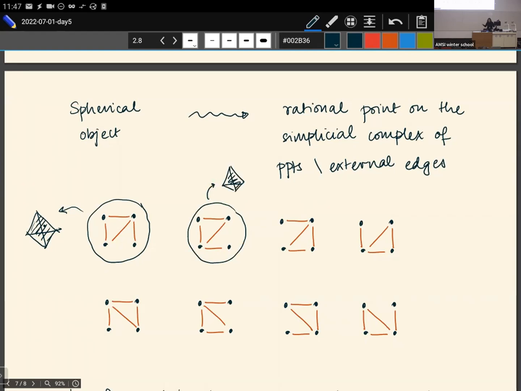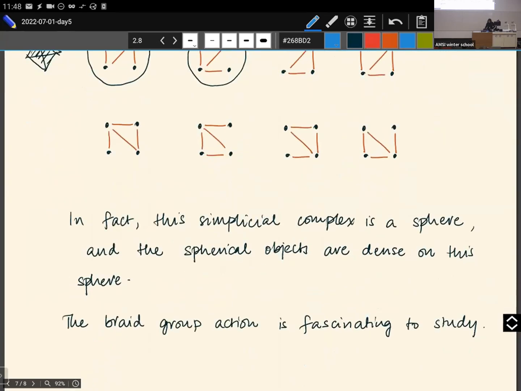All of these tetrahedra glue together to form something, and all of my objects live on that gadget via the Hardener-Narasimhan multiplicity. Now you can imagine this all changes dramatically if I change the stability condition. Okay, but let me move on.